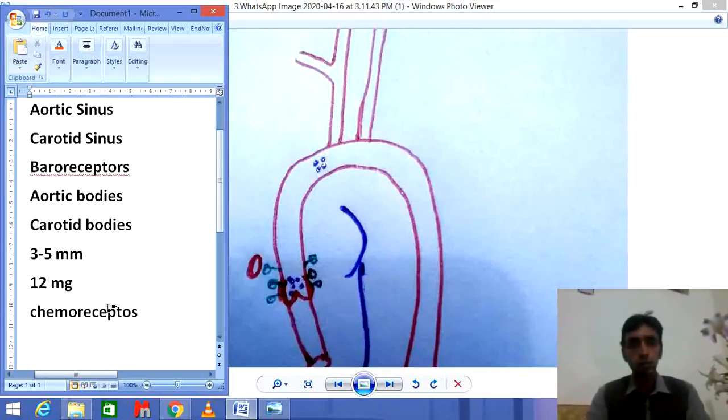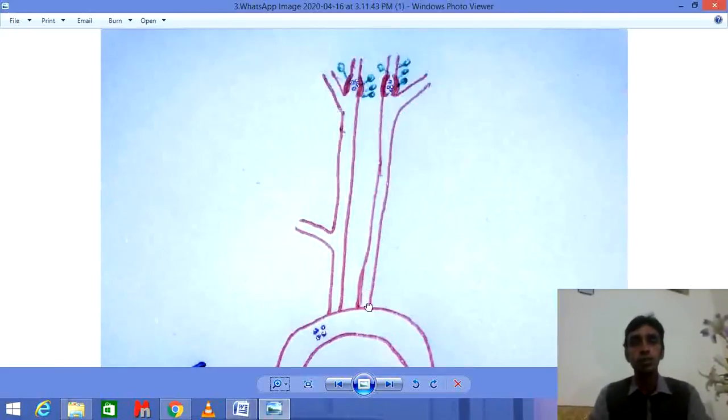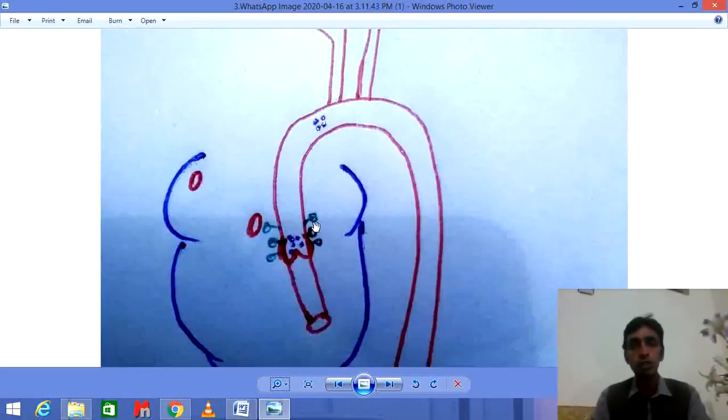So where are the chemoreceptors present? Chemoreceptors are present on the aortic bodies and carotid bodies. A large number of invisible small receptors are present; these are chemoreceptors.